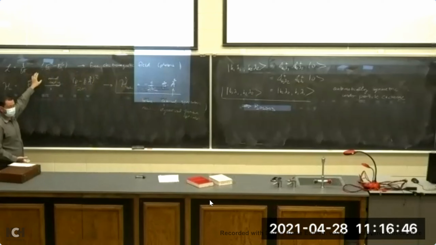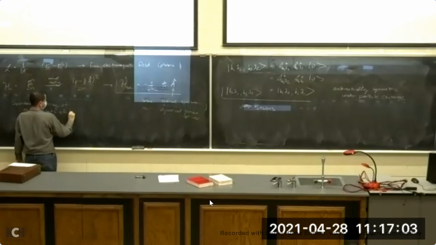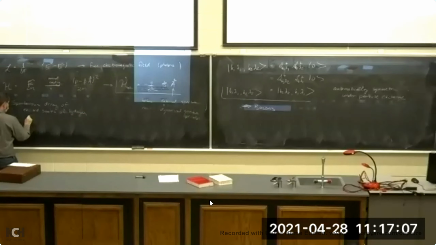And this means if you take this Hamiltonian with the states that are described by this Lagrangian for the photon field, then you can describe things like the spontaneous decay of excited states of hydrogen. So you can do something like starting off with the hydrogen atom in, let's say, the n equals 2, L equals 1 state.